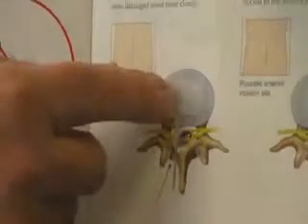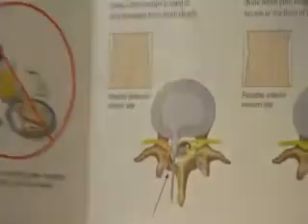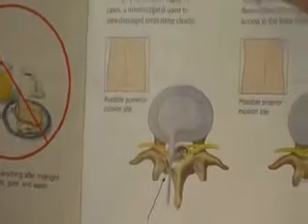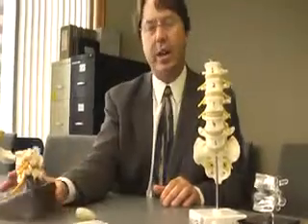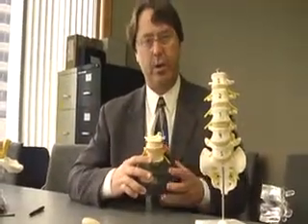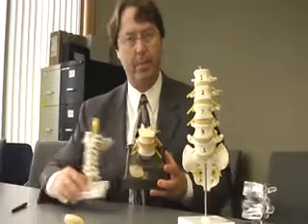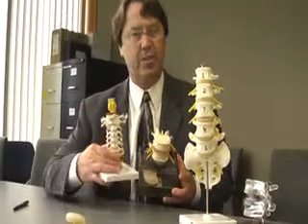When you remove this fragment, the pressure on the nerve is relieved and the nerve pain stops. That's a lumbar microdiscectomy.